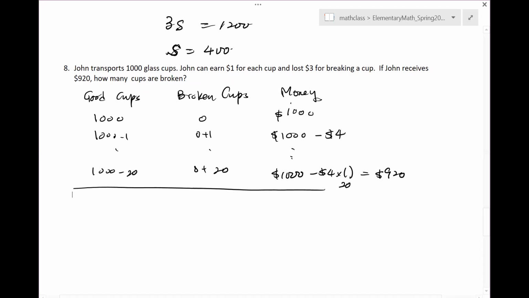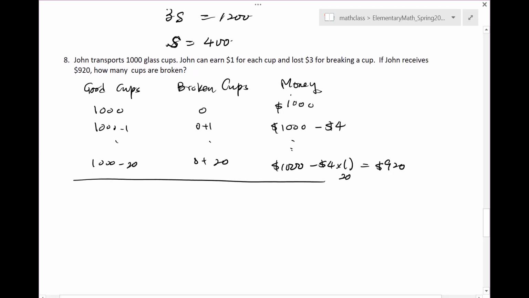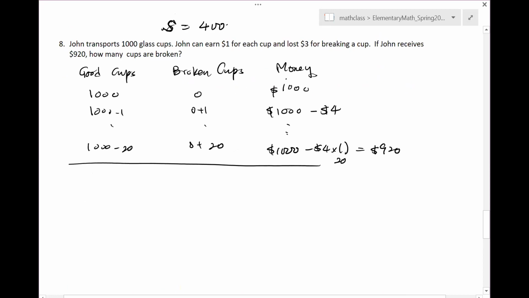All right. Now, using equations, you can let G denote the number of good cups, B the broken ones. Total 1,000 cups, right? The money you eventually can earn is, for every good cup, you earn $1.